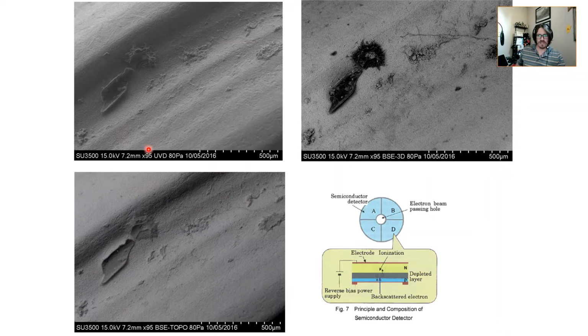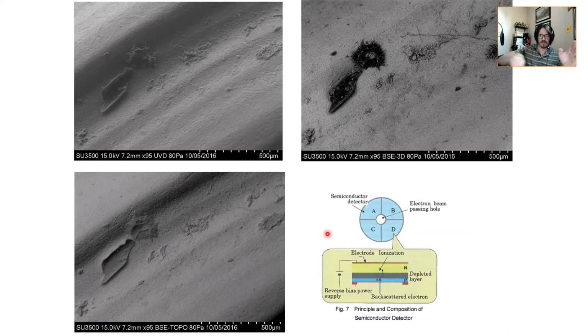UVD, and I'll have a diagram I'll share with you later, but verbally I'll tell you, you still make secondary electrons when you're bombarding your specimen with your electron beam, even if you're in low vacuum. If you remember, the energy of a secondary electron isn't as high as that of a backscattered electron.